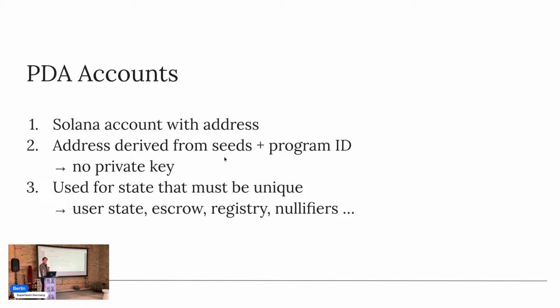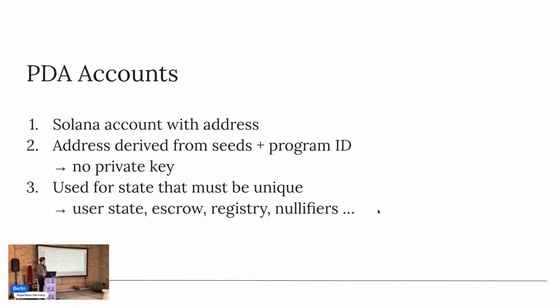Here you can use anything. It can be your user ID or similar. And you would, from this and the program ID, then derive your account, and the program would be invoked and could sign. So you don't need a private key for this. And this deterministic derived account is just a very strong primitive on Solana as is.